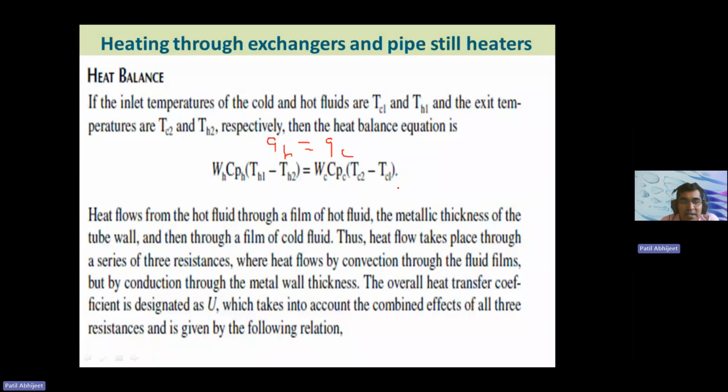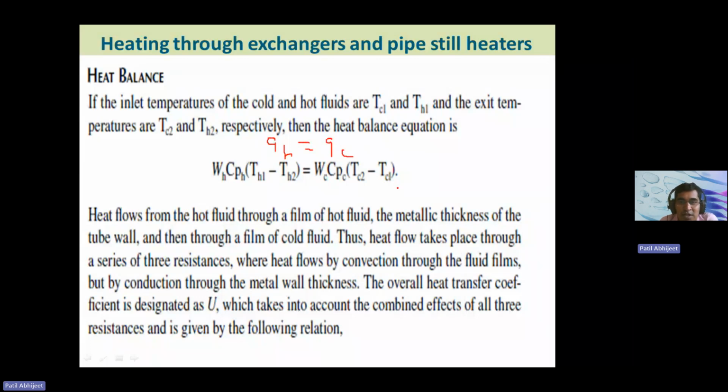So always know that heat flows from the hot fluid through the film of the hot fluid, and then it enters the tube wall, and then it goes through the film of the cold fluid. Always, when any fluid flows through the exchangers and heat is applied from the surroundings, first of all heat will be transferred to the wall and then from the wall to the fluid.